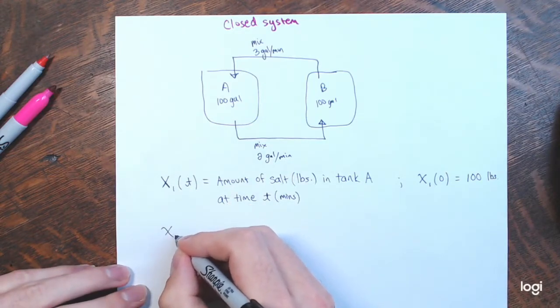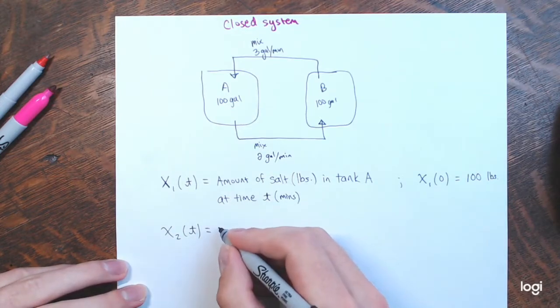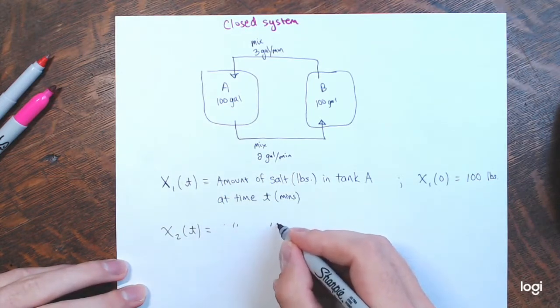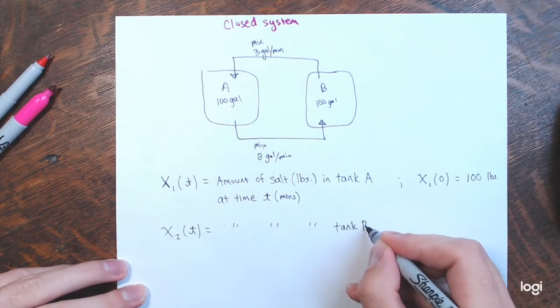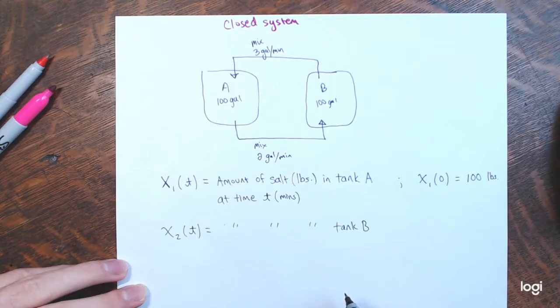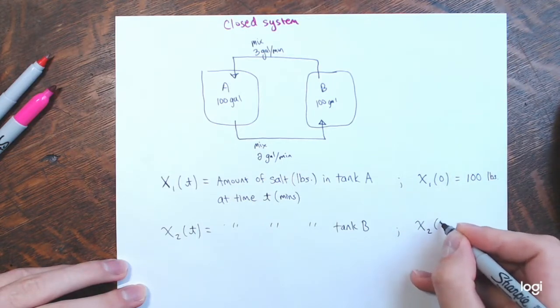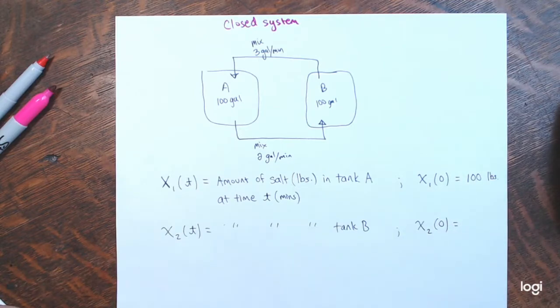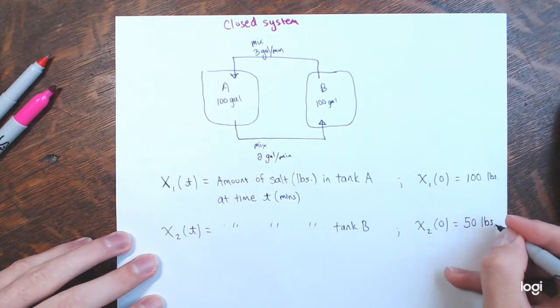And then we have another function, say x2 of t, is again the amount of salt in tank B, right, at time t. And we're told that x2 of 0, the initial amount of salt, is 50 pounds. All right.